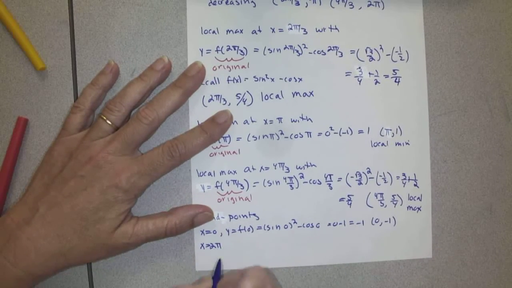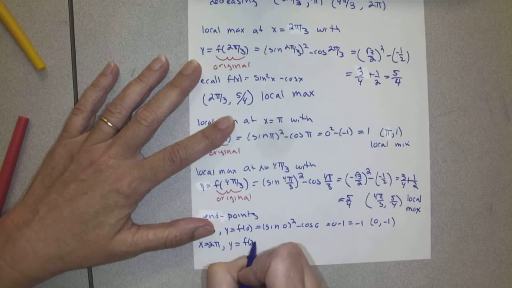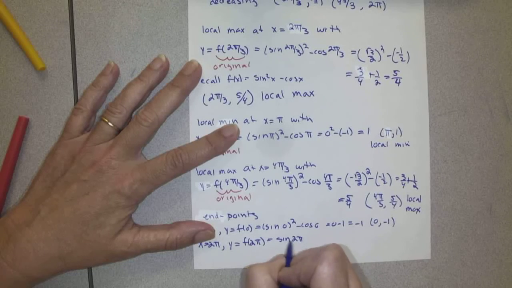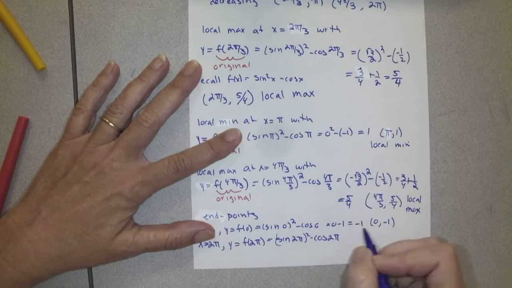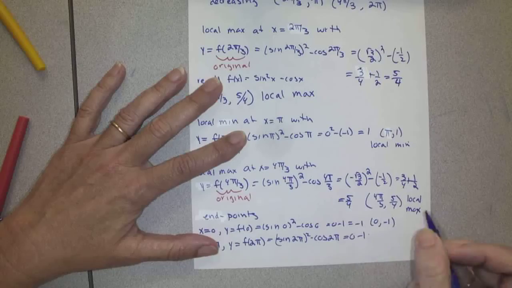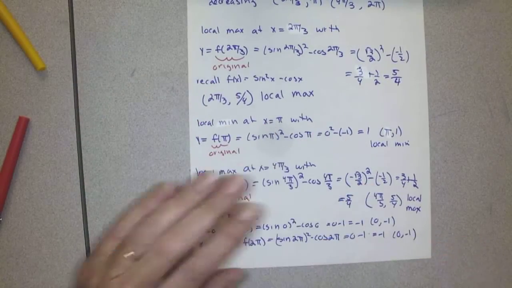And at x equal 2 pi, we're going to have y equals f of 2 pi, which would be sine of 2 pi quantity squared minus cosine of 2 pi, which again is still going to be 0 minus 1 or negative 1. So I have the point (2 pi, negative 1).